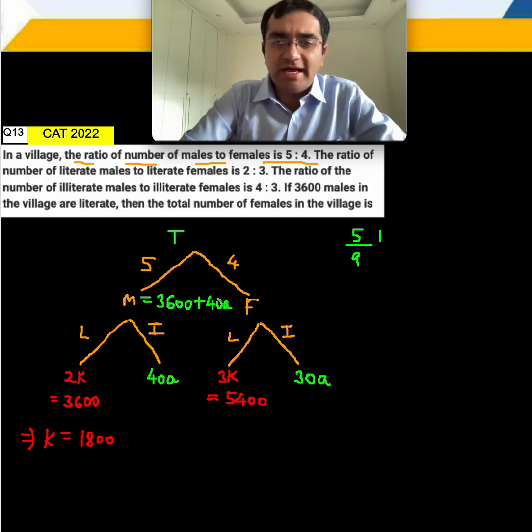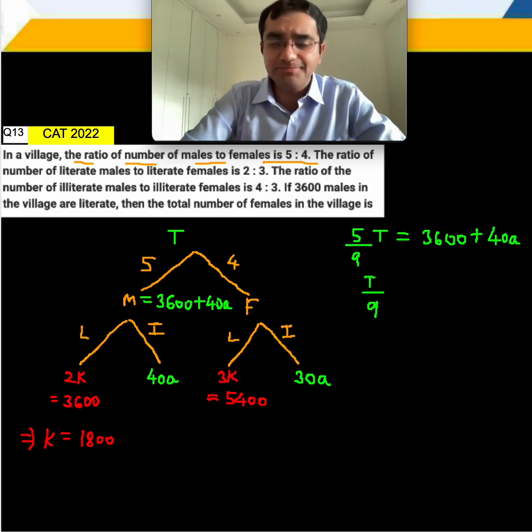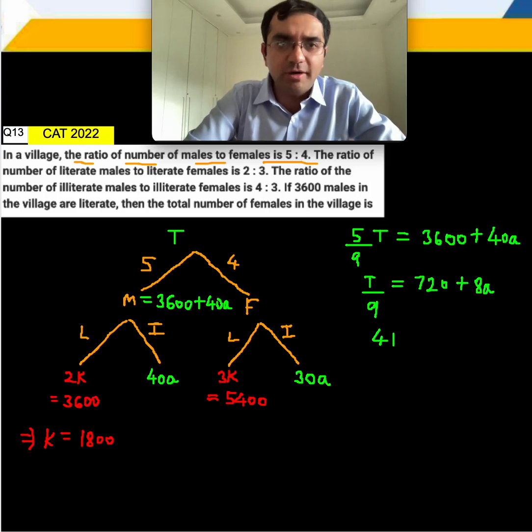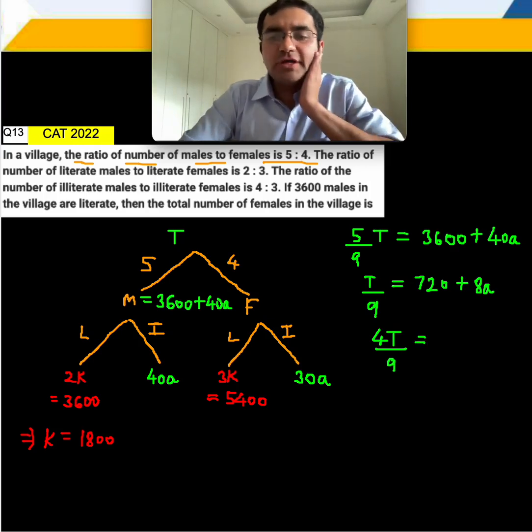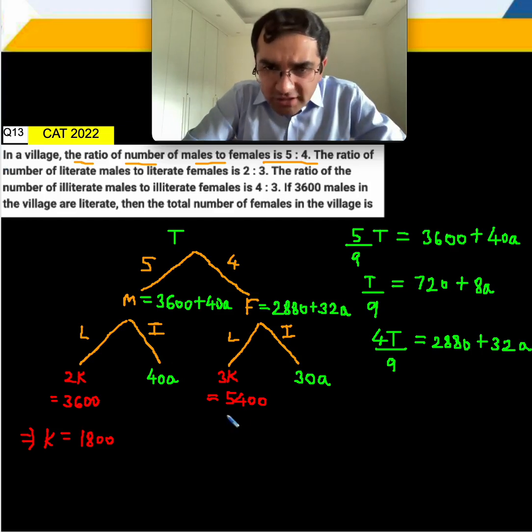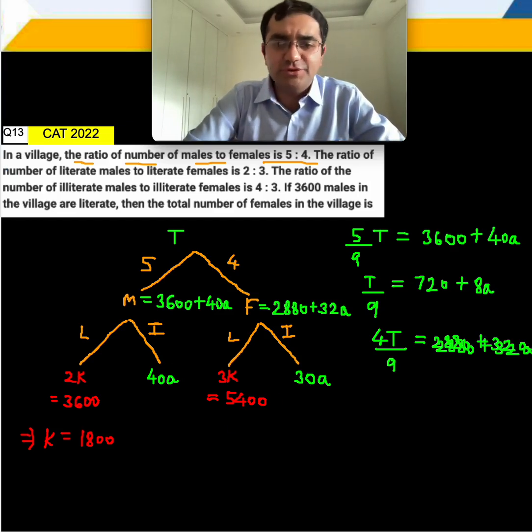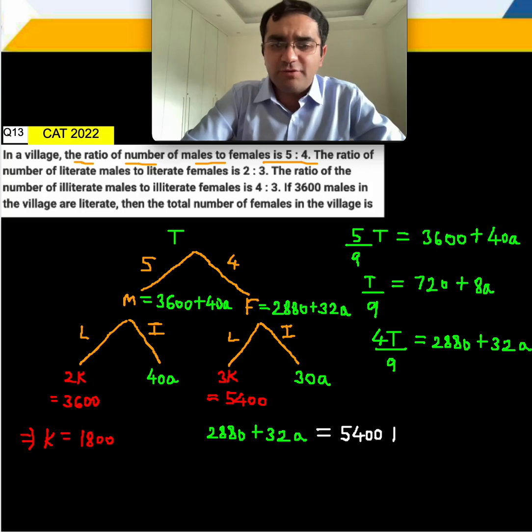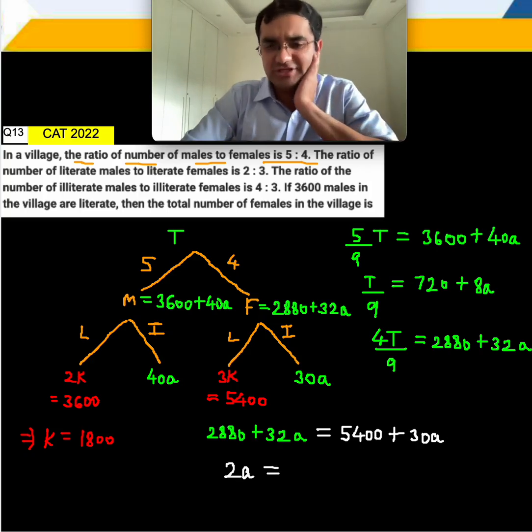So 5/9 of the total is 3600 plus 40a. इससे आपका 5 cancel करो, 1/9 आ गया. 720 plus 8a, and then let's multiply by 4 to get the females, because females is 4 parts, 4/9 of the total. 4/9 becomes 2880 plus 32a. तो वो females यहाँ नीचे आ गई. 2880 plus 32a, and females का total is 5400 plus 30a. So यहाँ नीचे उसको लिख देते हैं 5400 plus 30a. इससे a आ जाएगा. ठीक है?